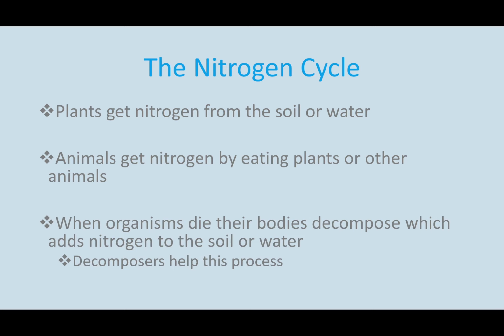When these organisms die, or the organic matter dies, their bodies begin to decompose, which then adds the nitrogen back into the soil or the water, right? And decomposers help this process. So again, we talked about in previous lessons about these cycles that matter cannot be created or destroyed.